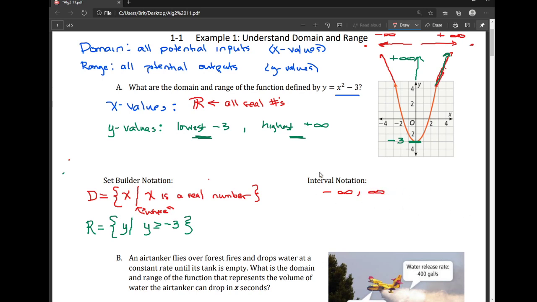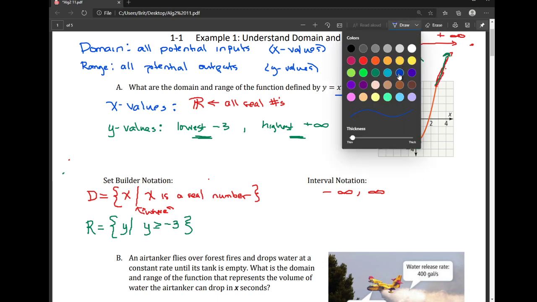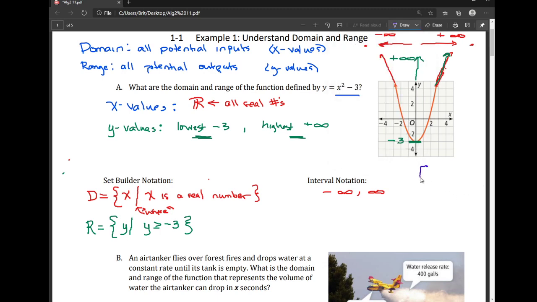Okay. Now we have to choose some brackets. Now there's two types of brackets. So if you have square bracket, the number is contained. It means it can equal that value. If you have a round bracket, the number is not contained.